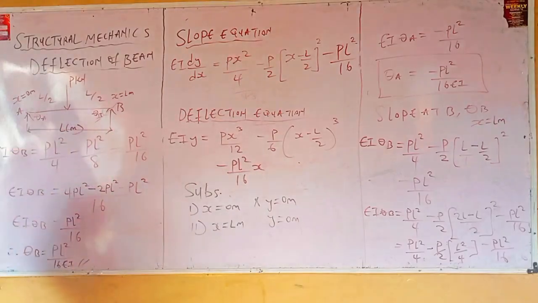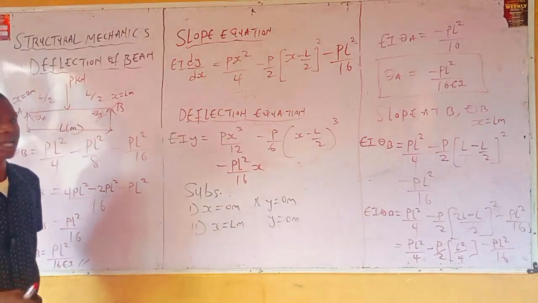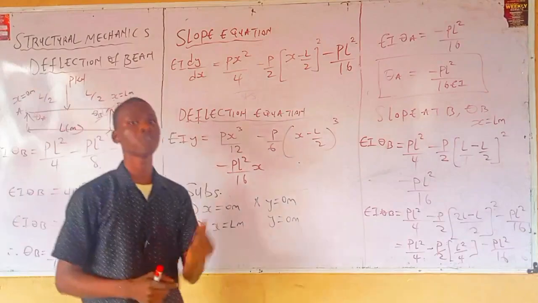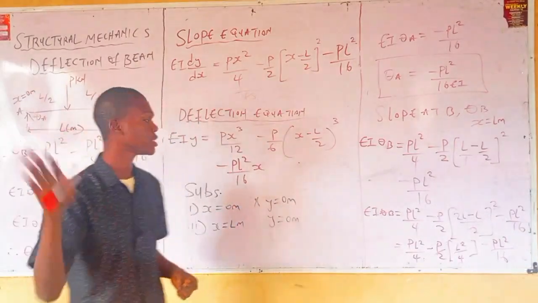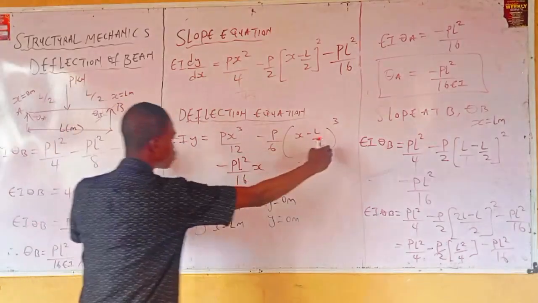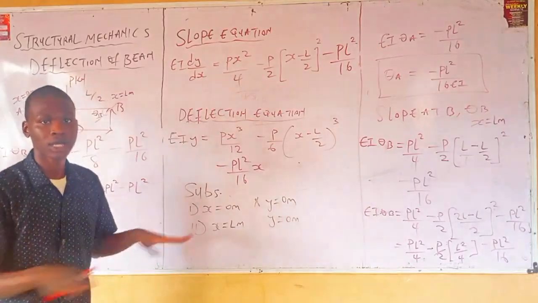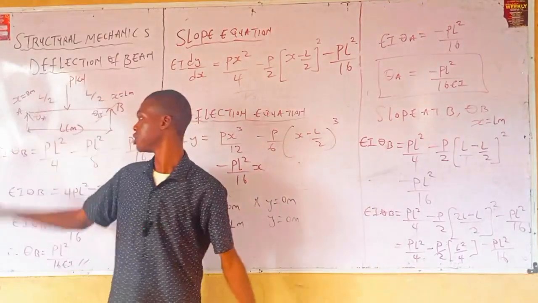L divided by 2. Are you with me? Having said that, you already know that the deflection will occur at x equals L over 2. That is, substitute the value of x equals L over 2 into your deflection equation, and that becomes your maximum deflection value for this beam.